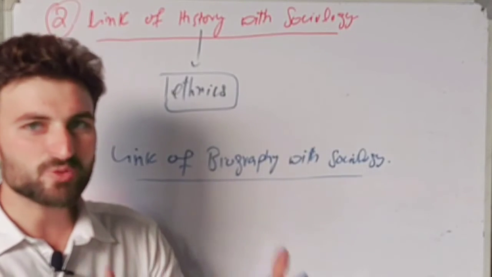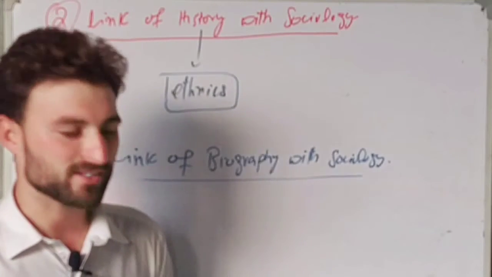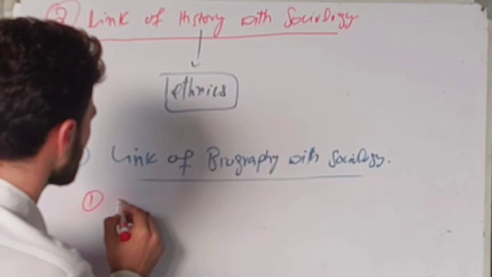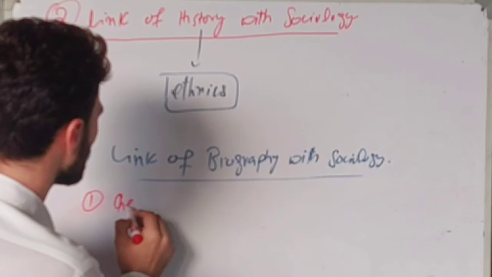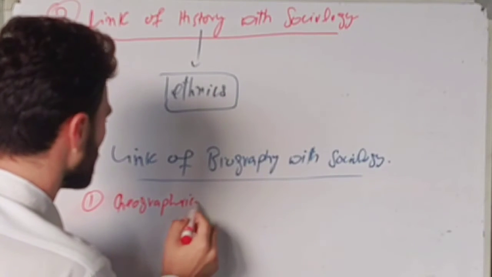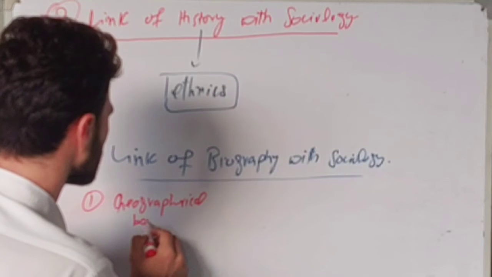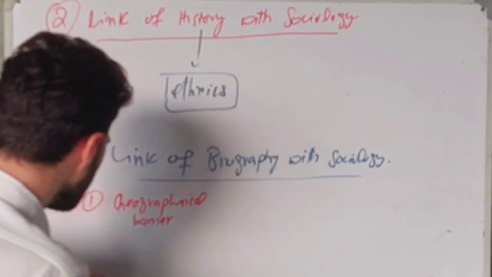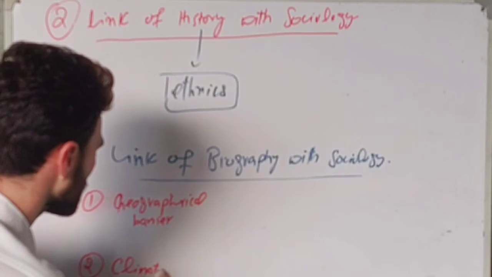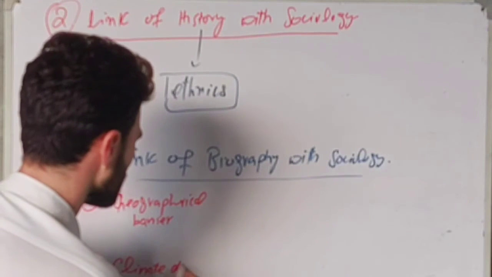Biogeography will answer this question in two simple ways. The first one is geographical barriers, and the second one is climate differences.